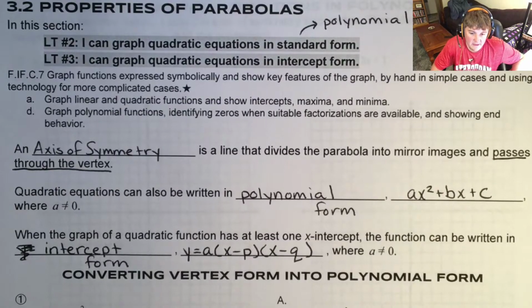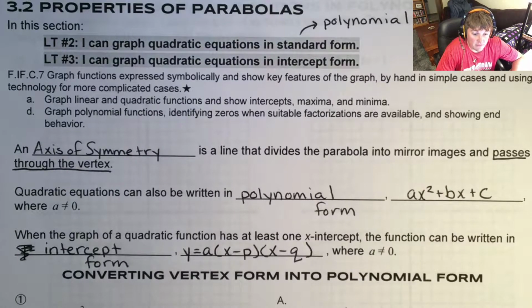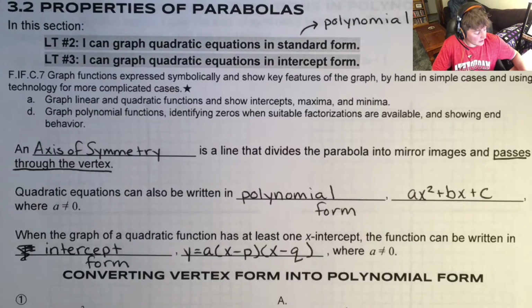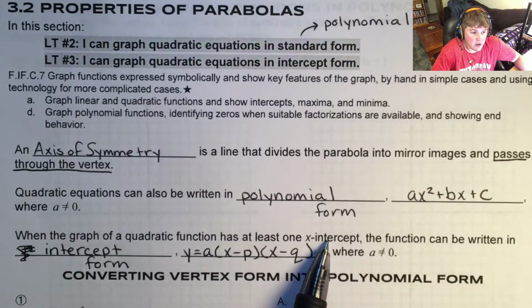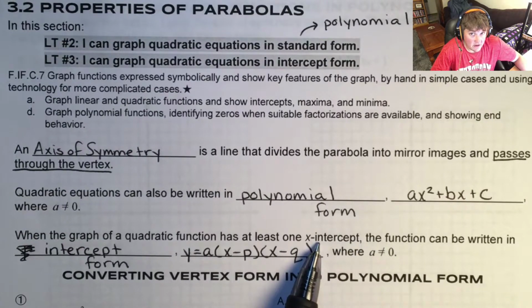Okay, and then lastly, when the graph of a quadratic has at least one x-intercept. Okay, what is an x-intercept? An x-intercept is where a graph will cross the x-axis, meaning the y value is 0.